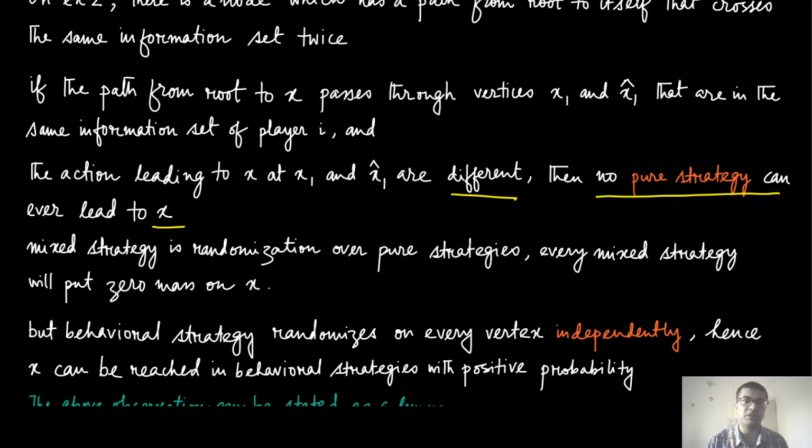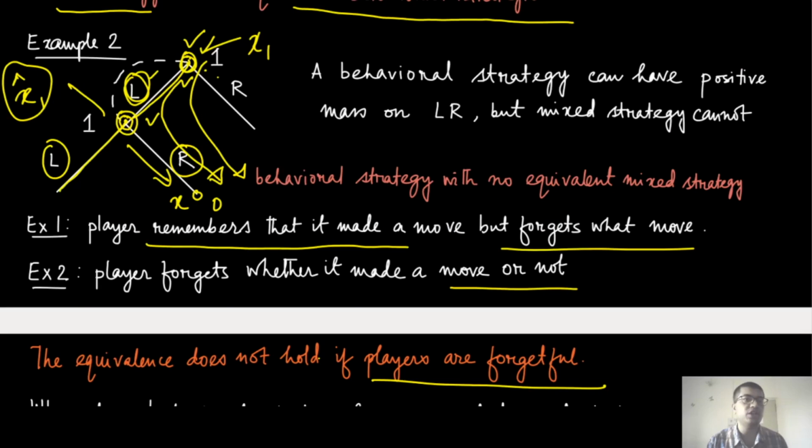You can look at the example again. Your pure strategies are either L or R. The moment you fix L, it is going to do this L in both rounds, in both x1 and x1 hat, and then you reach this node. If you choose R, you come to this node. In no pure strategy can you ever come to this node, which is x.